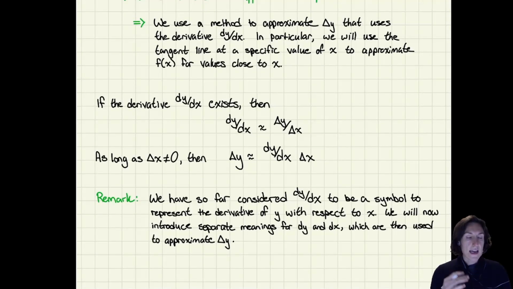And this may seem kind of weird because up until now, we've considered this dy dx to be a symbol that represents the derivative of y with respect to x, whatever y and x represent. But what we're now introducing is a way to separate the dy part from the dx part, to separate the meanings of what they are.